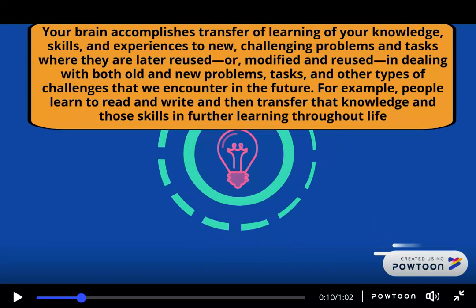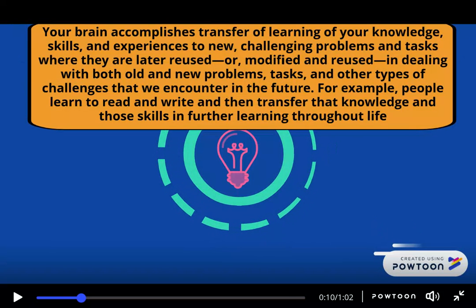So your brain accomplishes this by transferring this knowledge and these skills we gain to other situations and contexts, and reusing or modifying and reusing this knowledge when dealing with problems we encounter in the future.